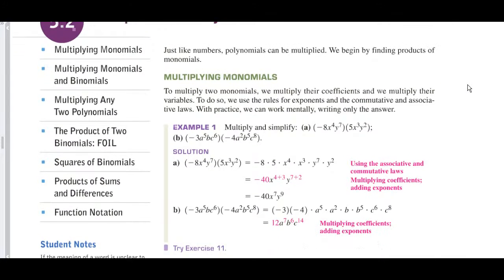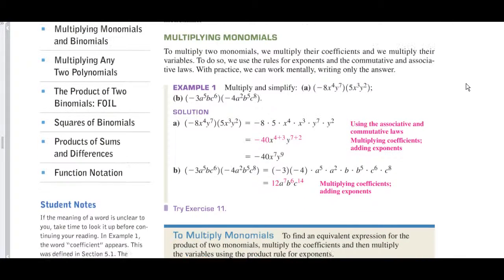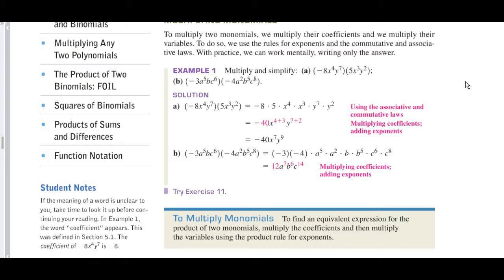Again, I don't want to make this too long. It's just a review, but going over the examples as we look at them.